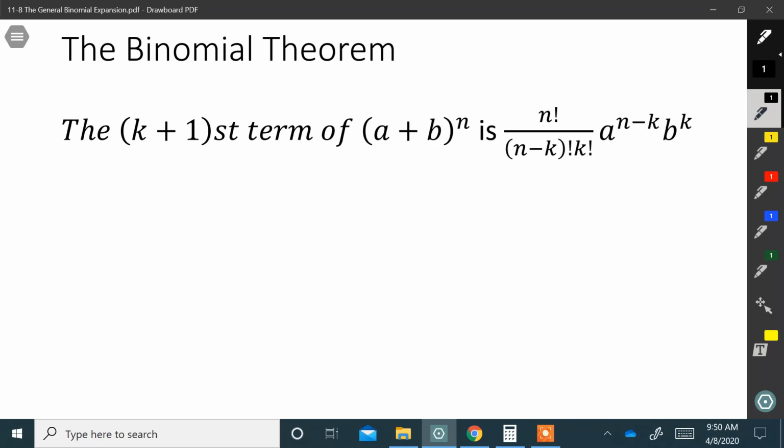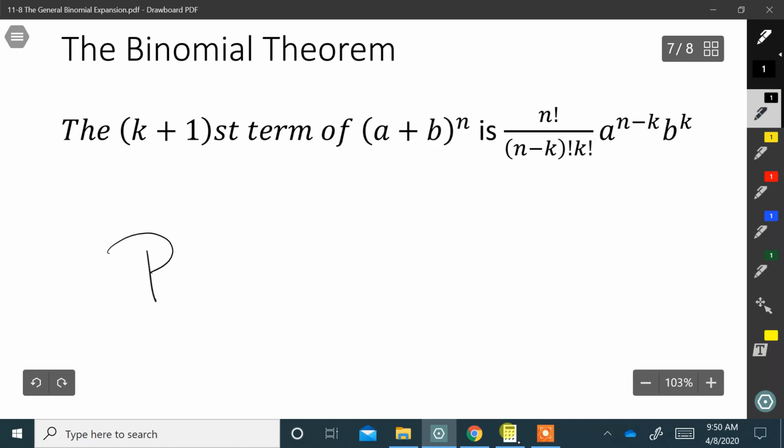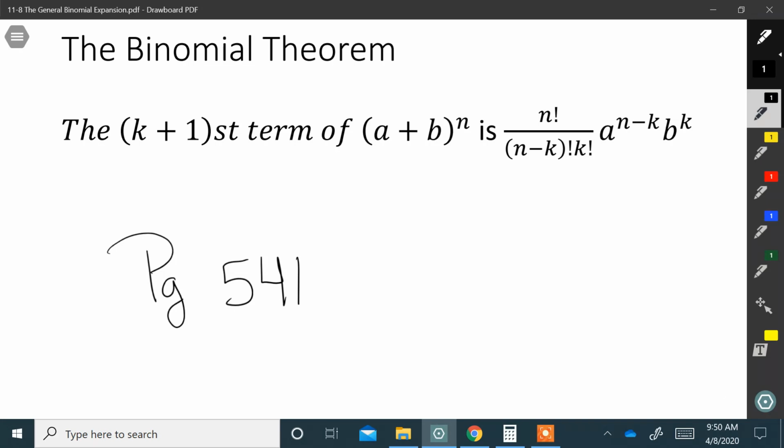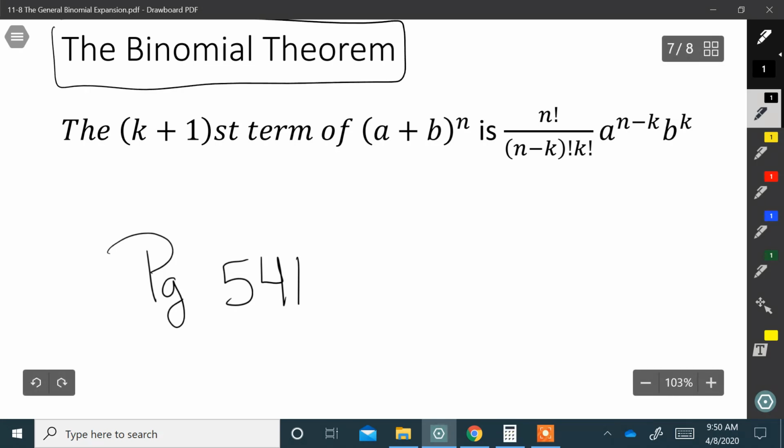You could also find this formula on page 541 of your book. And it's called the binomial theorem.